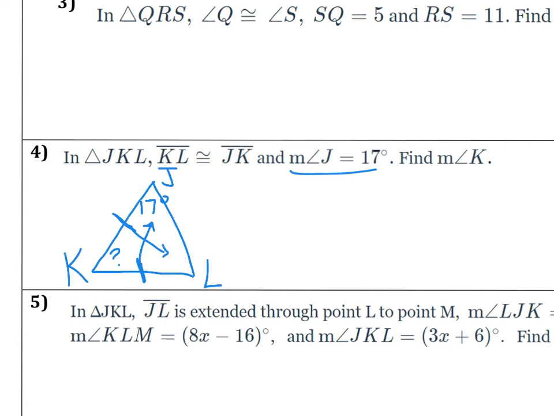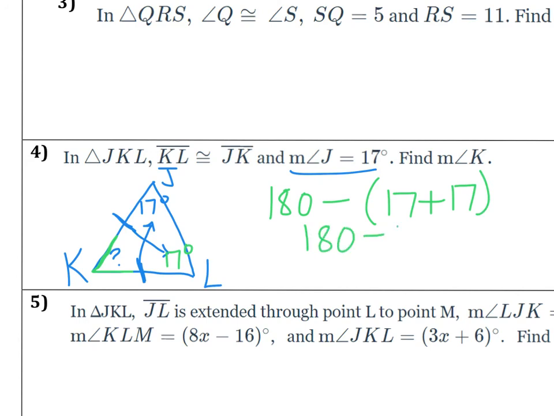So that's going to make angle L also 17 degrees. Now, angle K. We know that in a triangle, they're going to add up to 180. So we need to subtract the sum of 17 and 17, the other two angles that you've already labeled. That will give you 34 degrees, and then subtracting, you're going to get 146 degrees. That is equal to the measure of angle K.